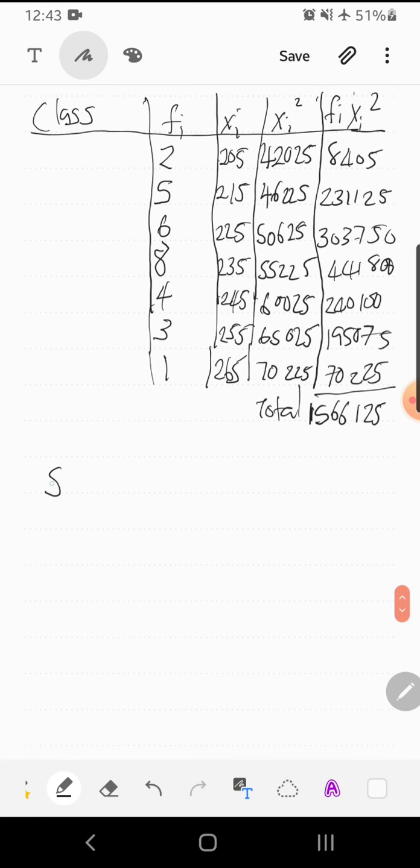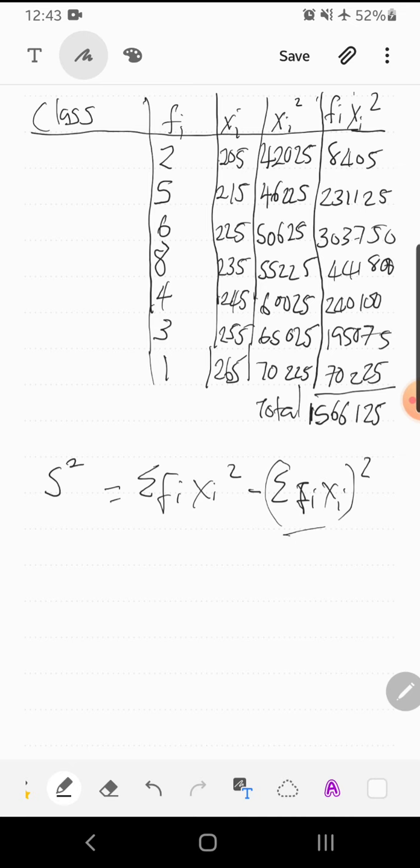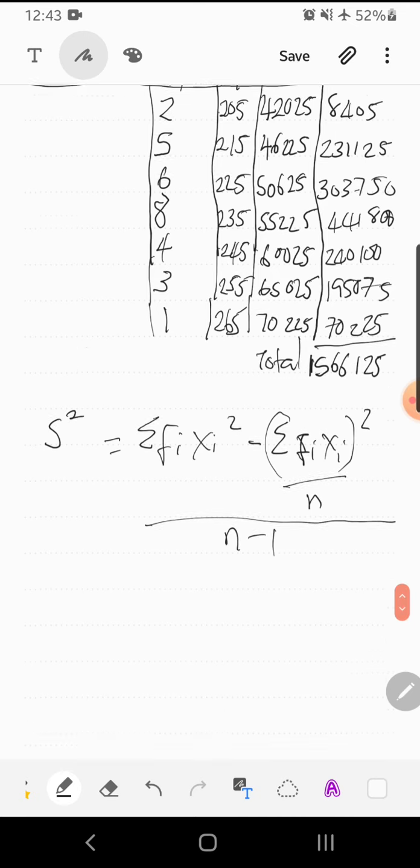Remember, our variance is just the sum of fi xi squared minus the sum of fi xi, but we square everything, over n, all divided by n minus 1.